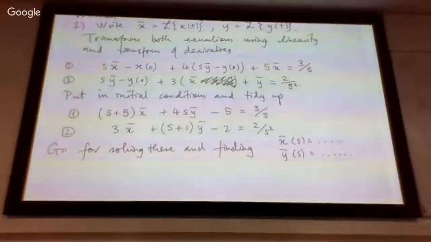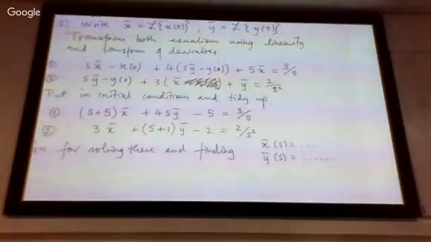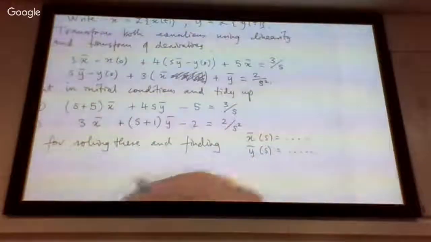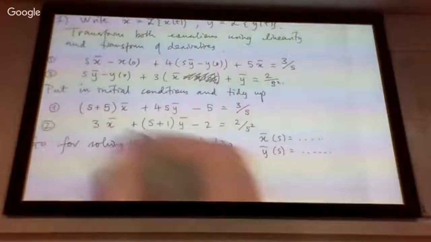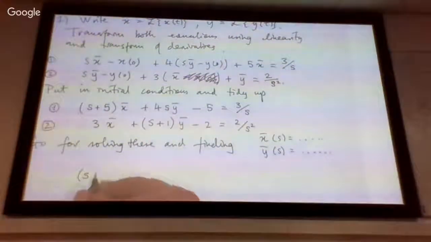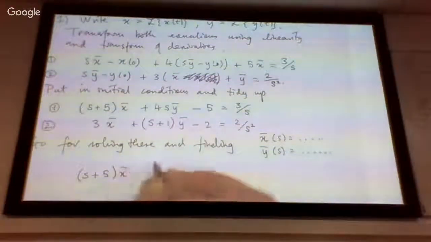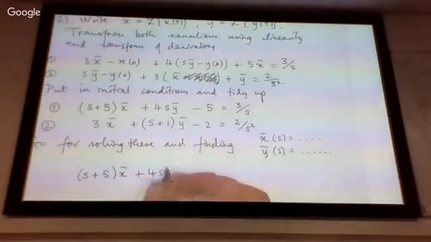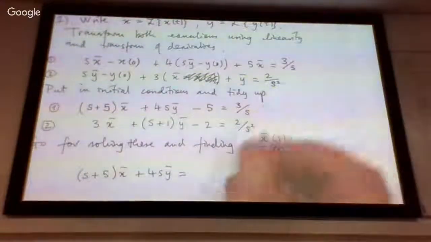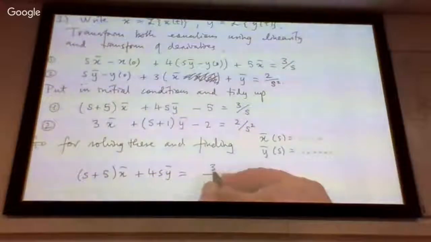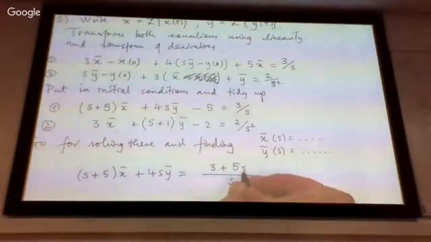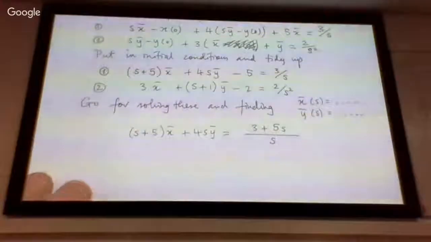Okay. Before we do that, let's get those constants over to the other side. Maybe simplify things a little bit, because things are going to get a little bit involved in a moment. So I want to take that minus 5, put it over here as a plus 5, and I just want to keep things compact. So it's going to be 3 plus 5s, keeping it as a single fraction.